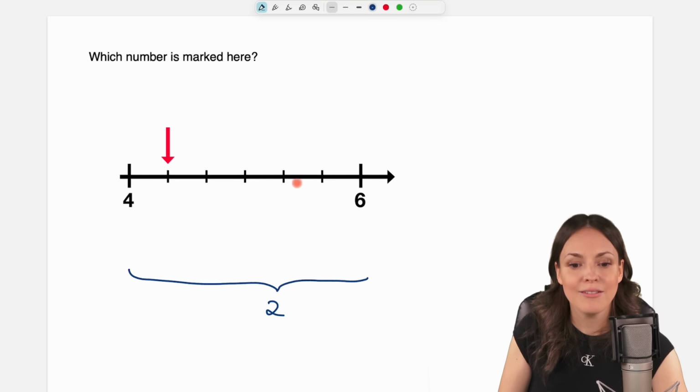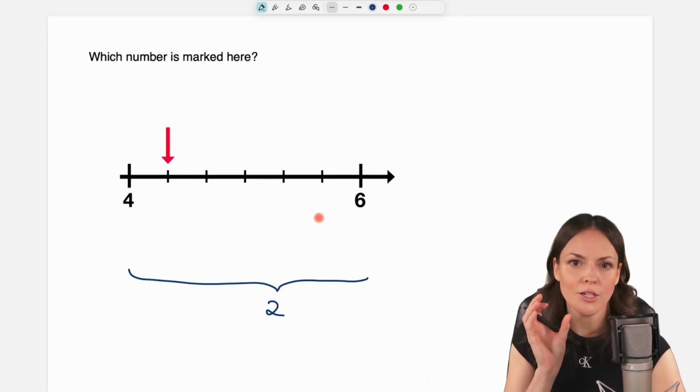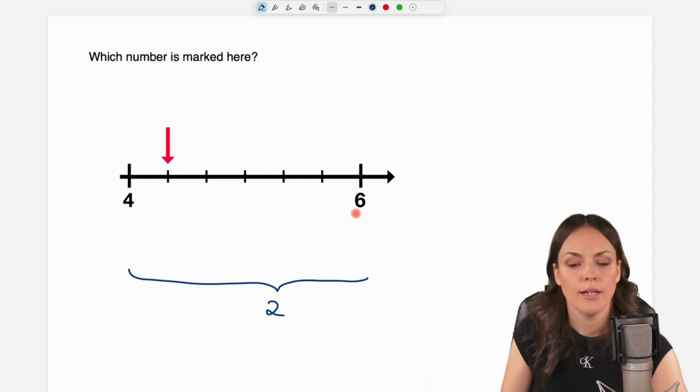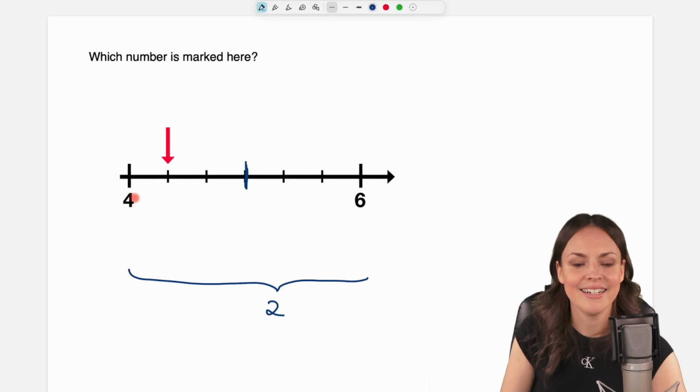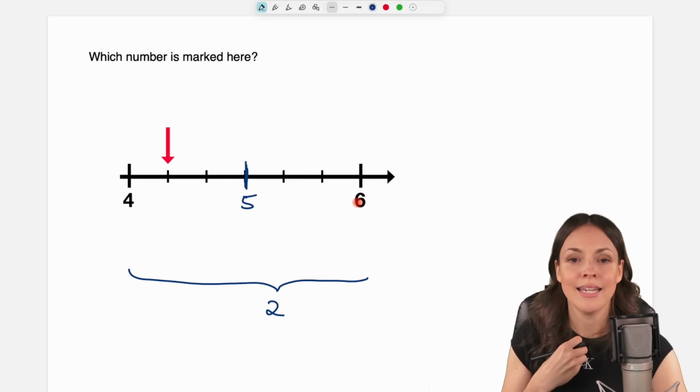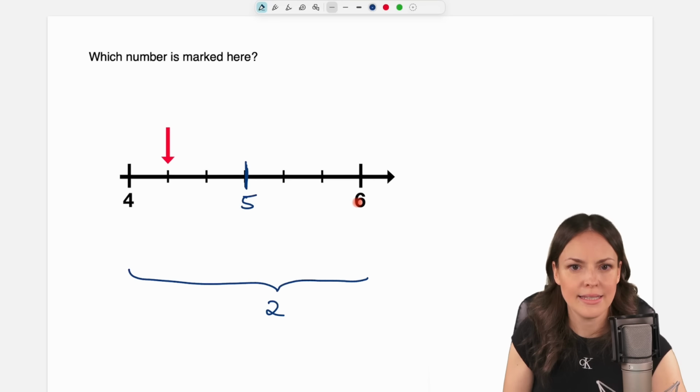So we have to add the numbers in between to get just one big step and not two at the same time here. So in between the 4 and the 6, I know I have the 5. So in the middle here I have 4, 5, 6. And I'm only interested in one big step.